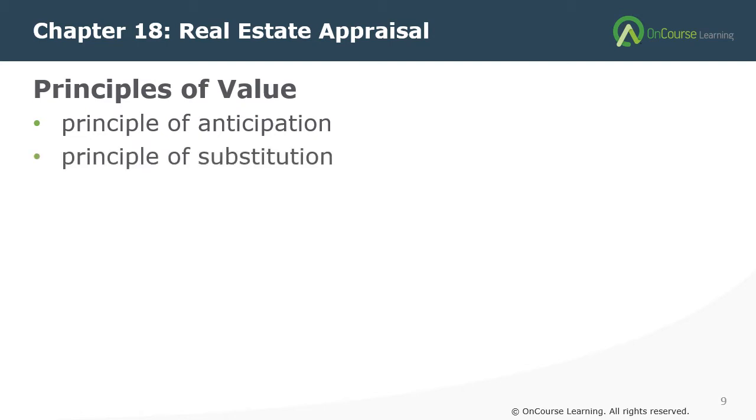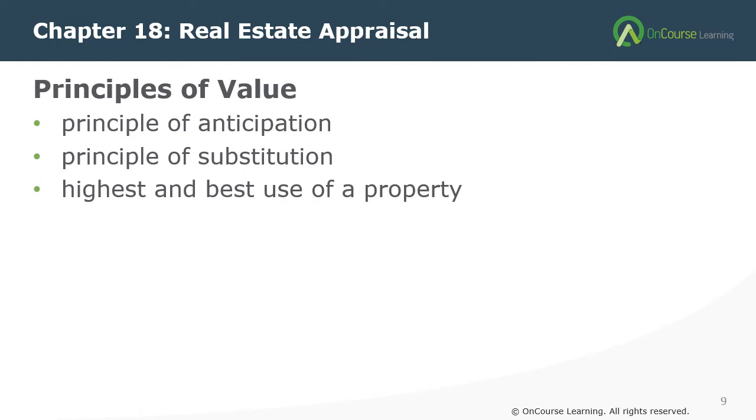The principle of substitution says that a property's maximum value is equal to the cost of acquiring an equally desirable substitute. The highest and best use of a property is that use that brings the highest economic value to the owner.